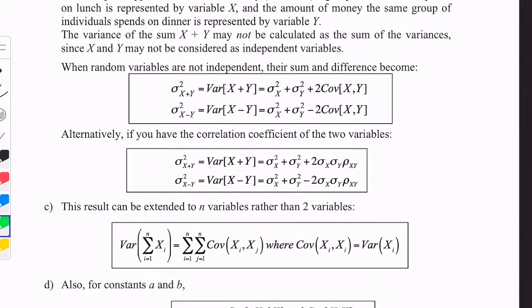This extra term arises, and you notice here it's a positive, and here it's a negative for the subtraction of two random variables. So I want to discuss why that happens.